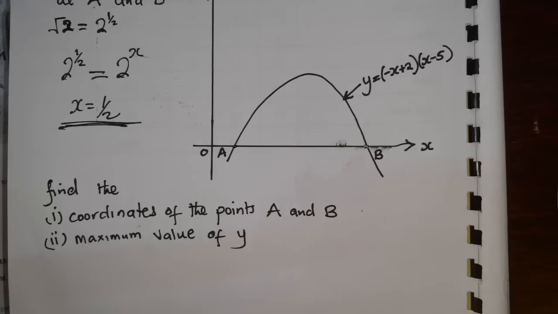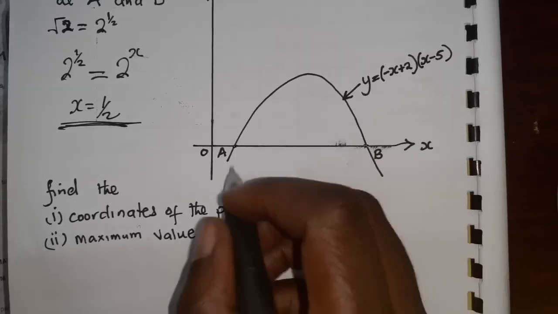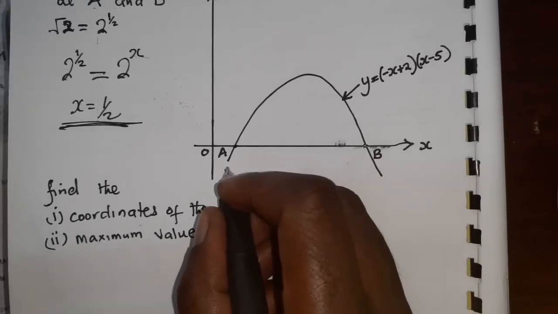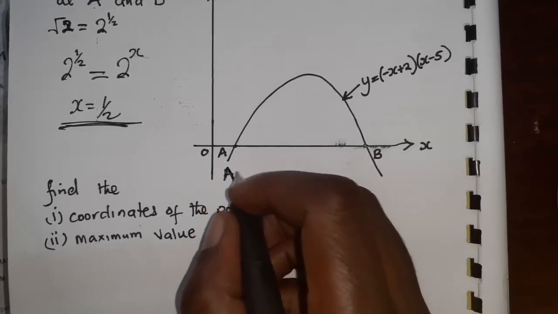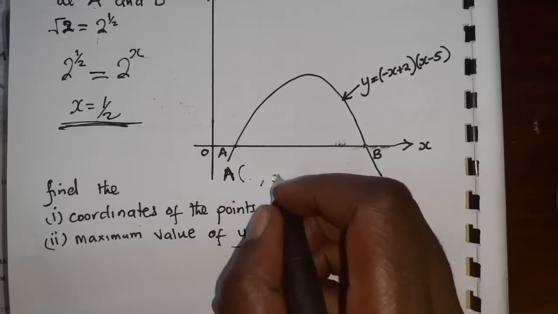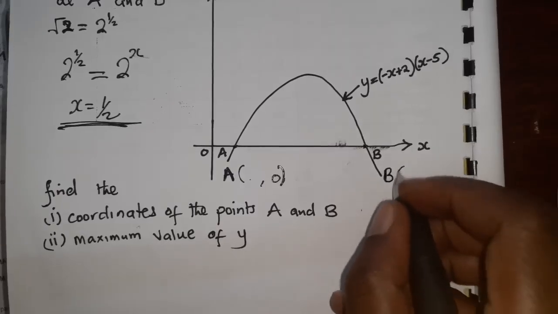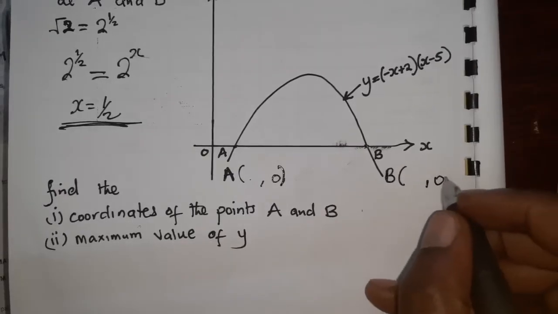Now, one thing that you're supposed to know is that y is 0 here. So we know that the coordinates of A, we have the x coordinate, comma 0. Even on B, we have the x coordinate, comma 0.